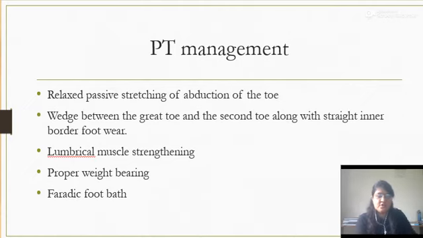That is the lumbrical or intrinsic muscle strengthening of the feet, which will help in improving the arch also. If it is flat foot, the arch will not come back, but the intrinsic muscles will be strengthened, so the patient will get more strength to bear the forces which fall on the foot in everyday routine.